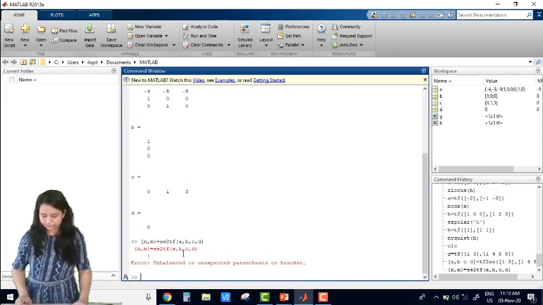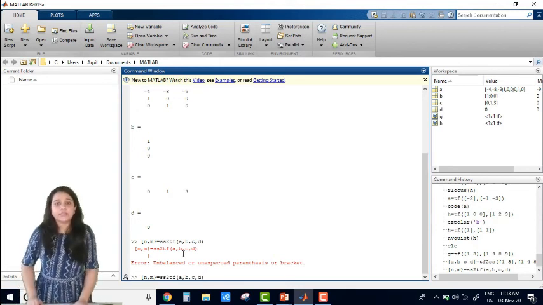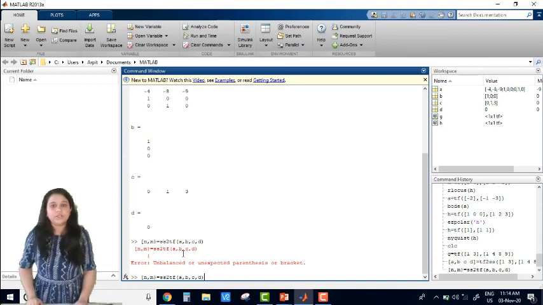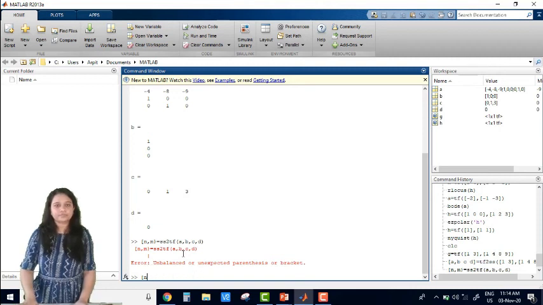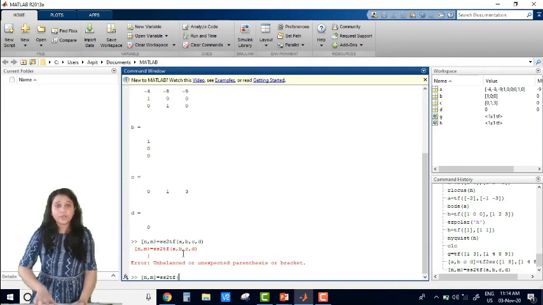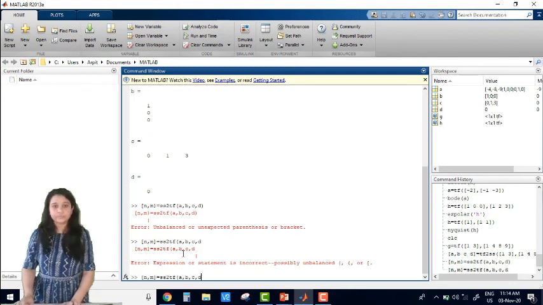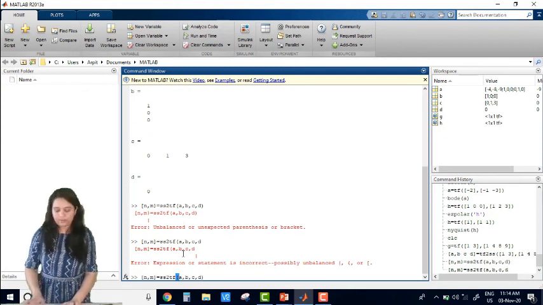So there is some error, so again: n comma m equal to ss2tf in the small bracket a comma b comma c comma d. Small bracket completed.